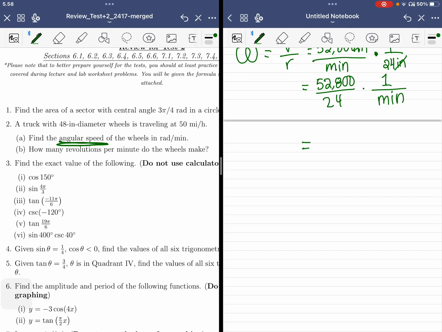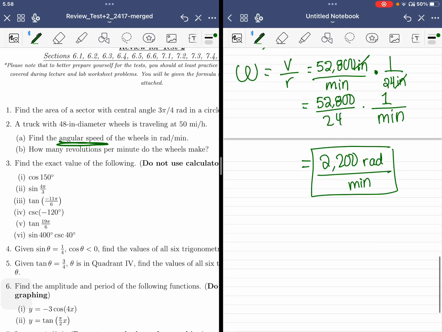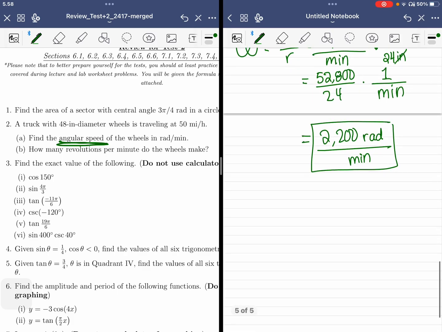So in other words, let me simplify 52,800 divided by 24. That's 2,200. That's 2,200 radians over 1 minute. So that's your answer for 2A. Okay? So that's where the radians come from.